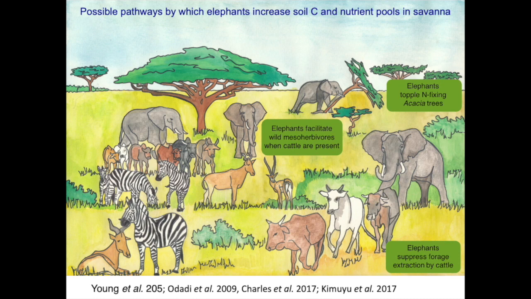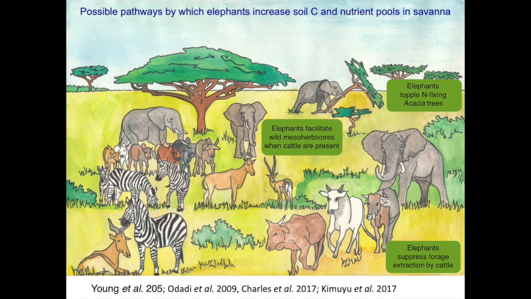The other idea is that elephants are also able to offset competition between cattle and wild mesoherbivores. That wild mesoherbivores prefer hanging out in plots that are also accessible to elephants, as opposed to plots that do not have elephants but they are shared with cattle.